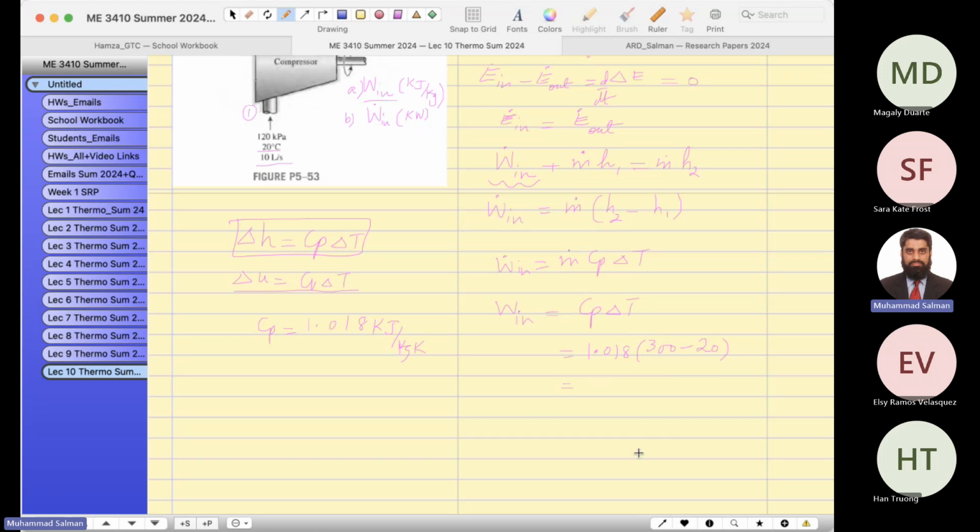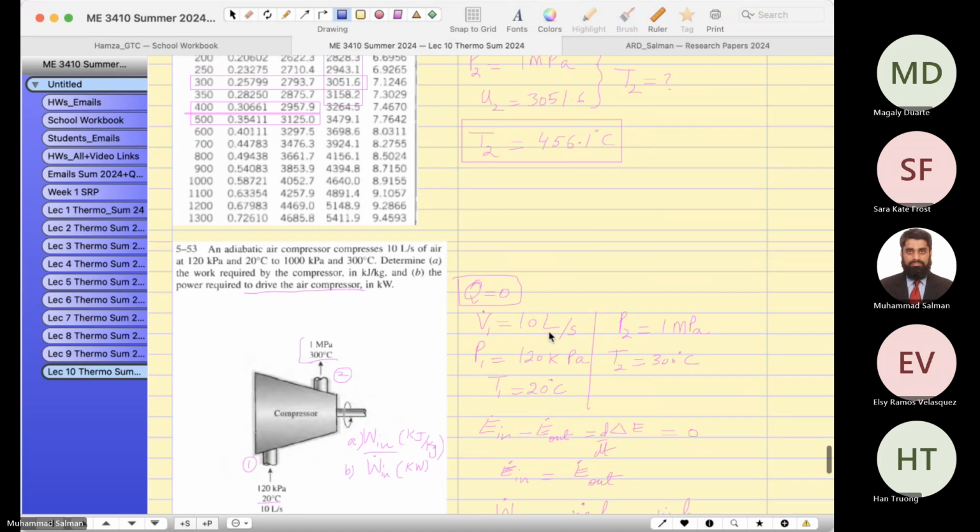If you solve for this, can you help your professor? Do you get 285? I just want to make sure that I'm doing it correctly. Open your calculators and help your professor. Sarah says 285. Okay, that's good. Now we have done the first part, which is kilojoules per kilogram.